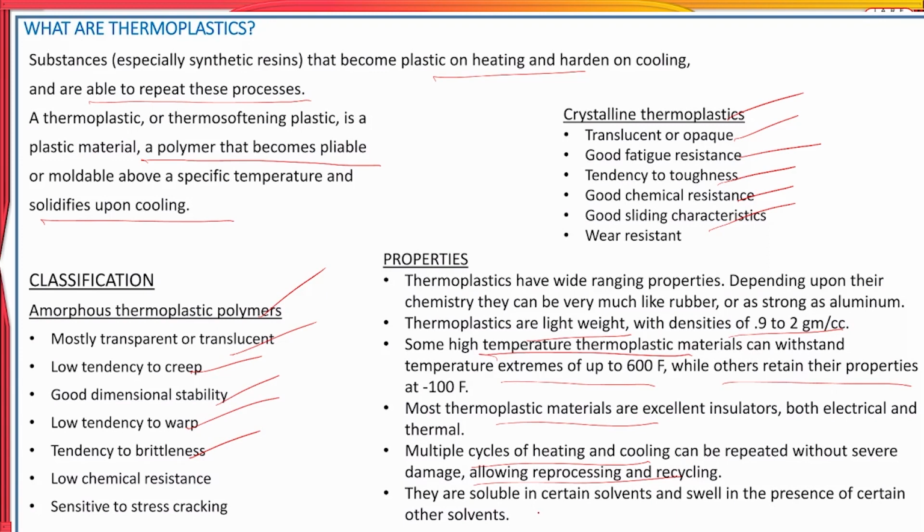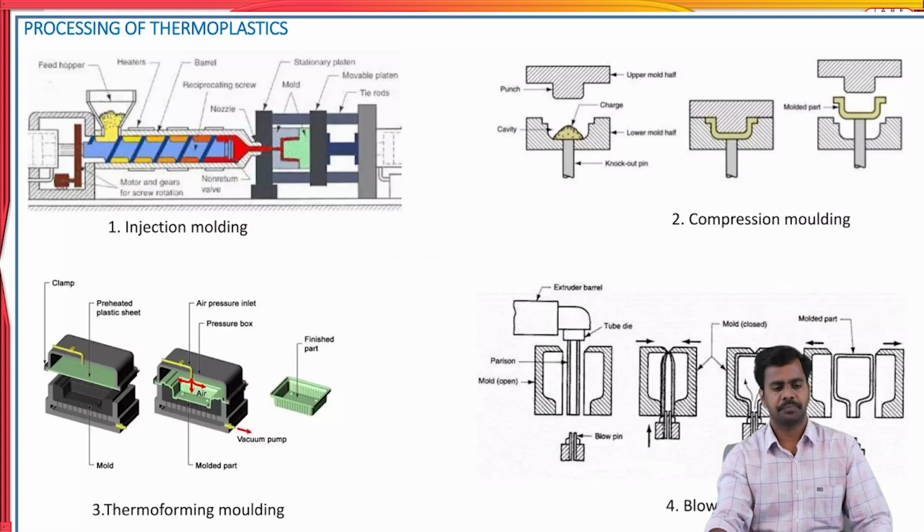They are soluble in certain solvents and swell in the presence of certain other solvents. So these are the important properties of thermoplastic polymers. And this is the processing of thermoplastics. By using these techniques, thermoplastics can be produced.